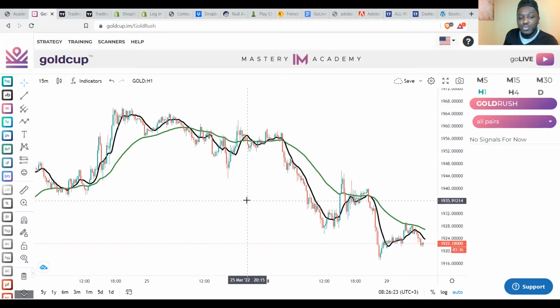We are going to take our 50 and our 9, and now we're going to explain this concept right here. When you have two moving averages in one chart, you always want to follow the smaller moving average. What do I mean by that?